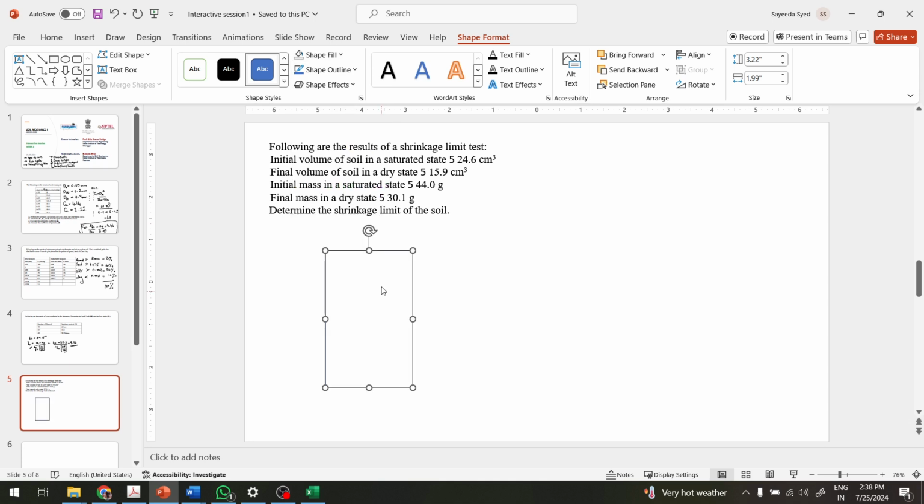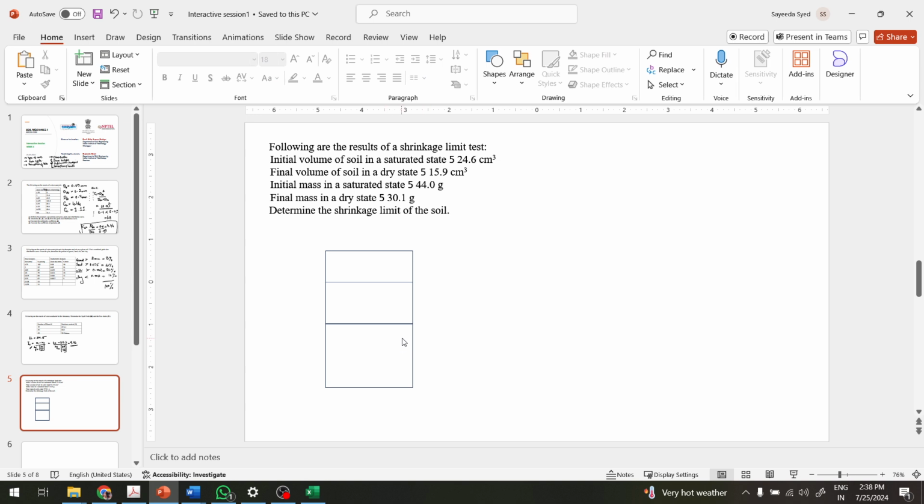Okay, if this is the total volume initially, this will have some solids and this will have some water initially.